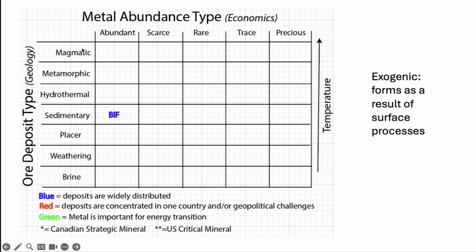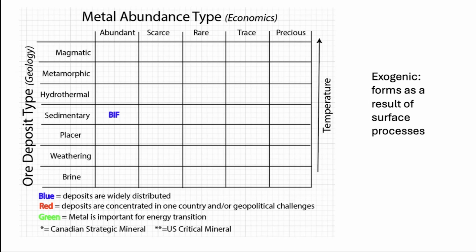So magmatic, that's associated with igneous activity. Metamorphic, that's heating and squeezing and solid state phase changes, although fluids are also involved in metamorphism. Hydrothermal, that's hot fluids moving around. And magmatic systems drive hydrothermal and metamorphic reactions, so there's a lot of overlap.